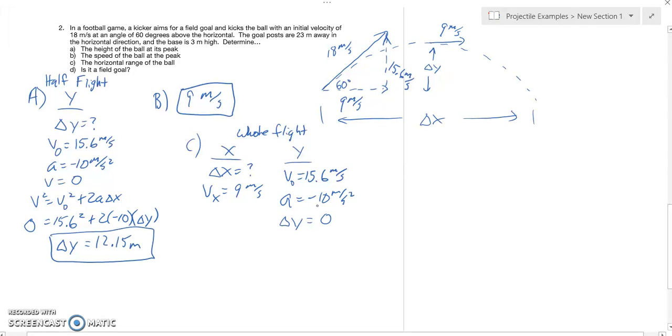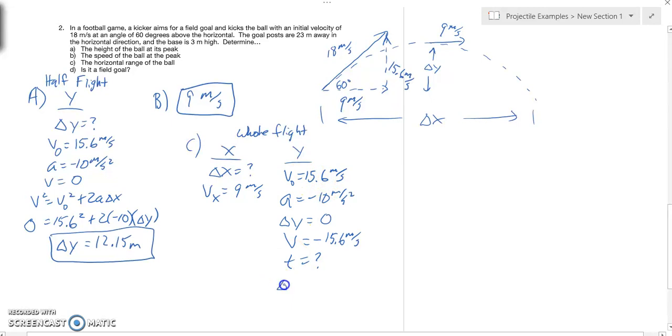One other thing we can say is because it leaves the ground and it lands on the ground, we can say the final velocity is -15.6 meters per second. We talked about that in class too. The speed up equals speed down as long as you're landing at the same level you left the ground from. All right, so we've got a few options here, but we are looking for time. So I'm going to use these first three with time.